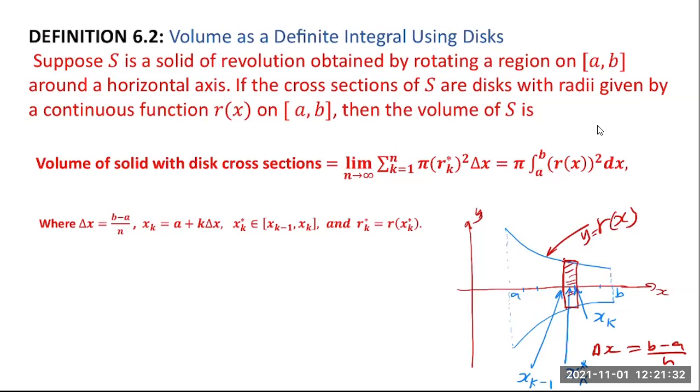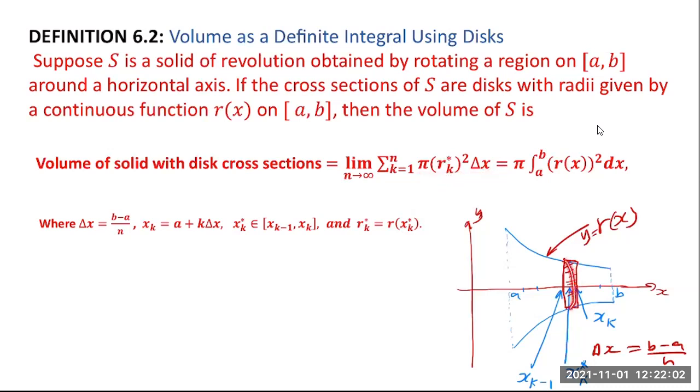The radius of the disk is, of course, r(xk star). I plug in xk star in my function r to find the radius. Radius means this height. That will give you the radius, and we know the width of the disk. So we can find the volume of the disk to be pi r(xk star) squared times delta x.